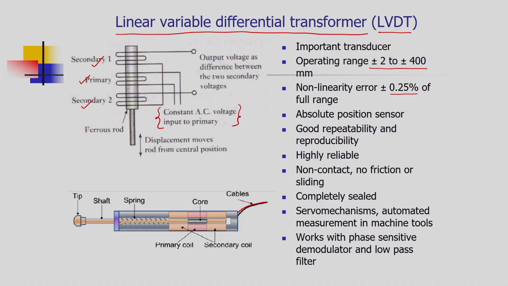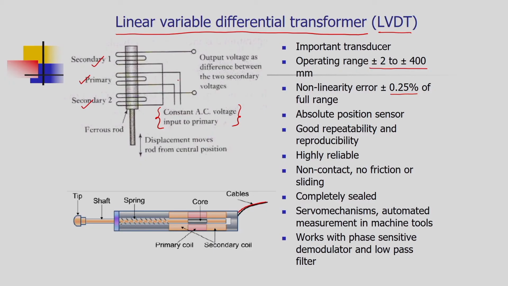Now, inside these coils a ferrous rod is moved. When this ferrous rod has equal overlap with secondary coil number 1 and secondary coil number 2, then we are having a 0 output voltage. So, why is it happening? When we apply constant AC voltage input to the primary coil, it generates an alternating magnetic field.